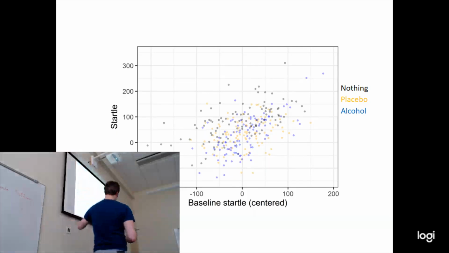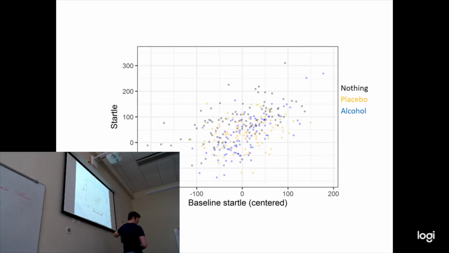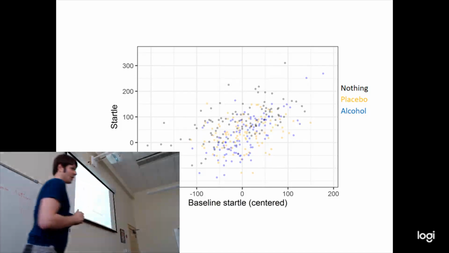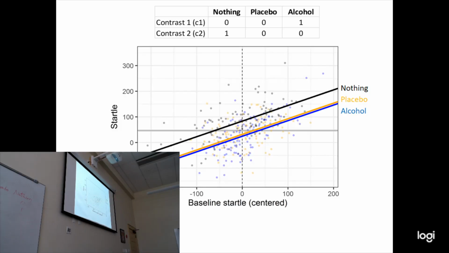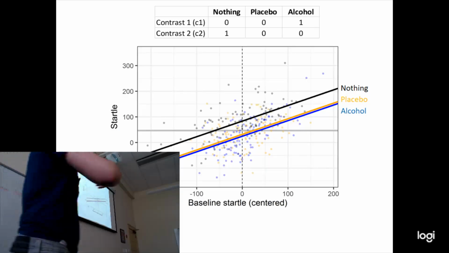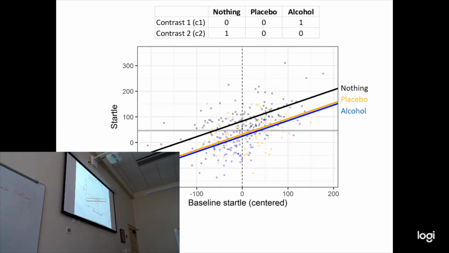And now I'm adding in color coding, that same color coding that I started us with, where nothing is black, placebo is orange, and alcohol is blue. Another way of understanding this model is that it allows me to draw multiple prediction lines, one for each group: one for nothing, one for placebo, and one for alcohol.